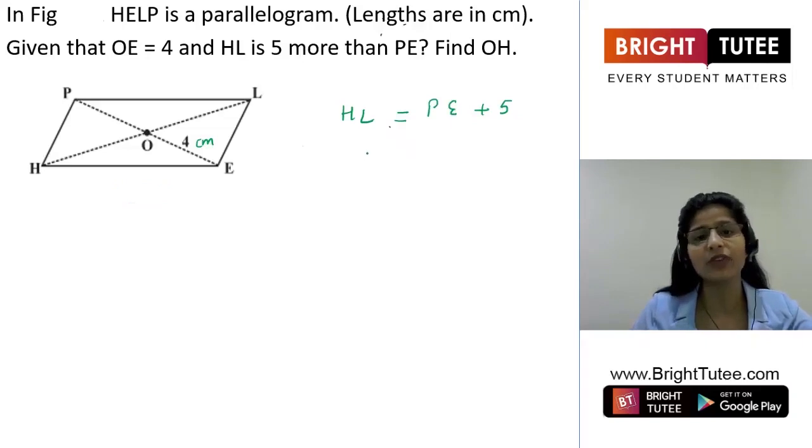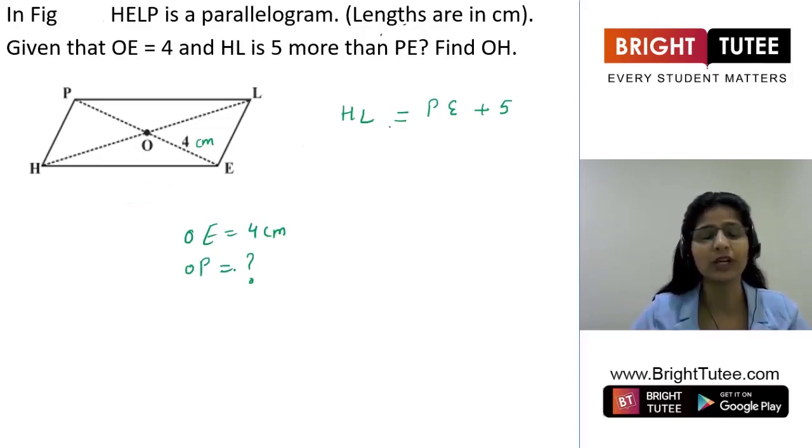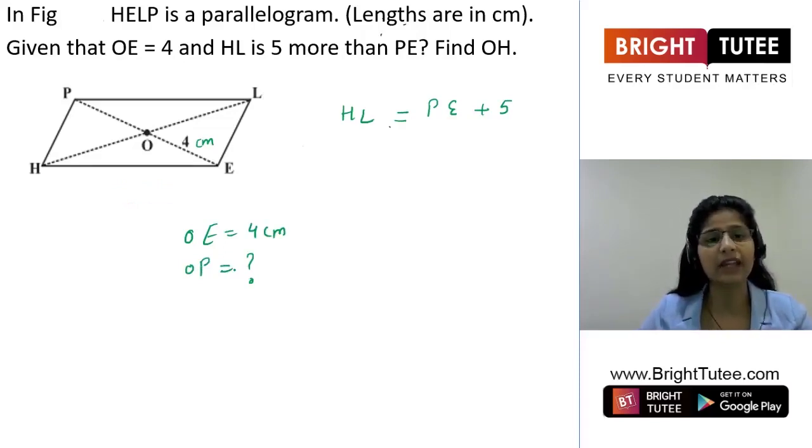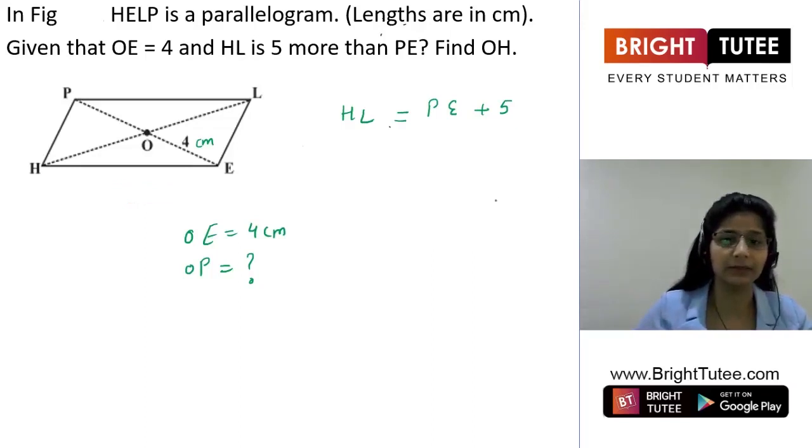Right? Now how do we find it? If we know that OE is equal to 4 centimeter, then what about OP? Think carefully. Just now we have proved that the diagonals bisect each other. That means the diagonal PE is bisecting this diagonal HL. So can we find out OP? Yes, definitely.